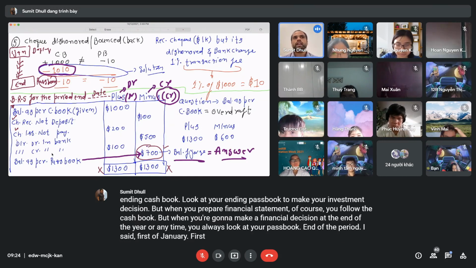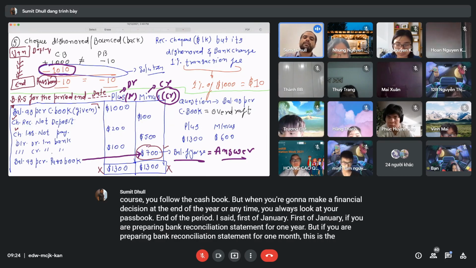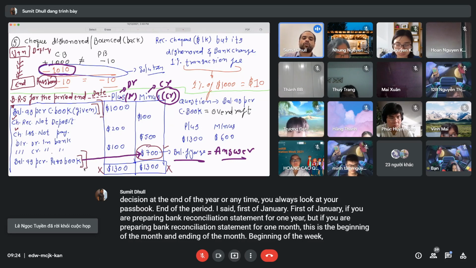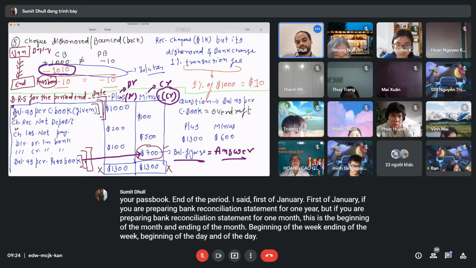I said 1st of January if you are preparing a bank reconciliation statement for 1 year. But if you are preparing it for 1 month, this is the beginning of the month and the ending of the month. Beginning of the week, ending of the week. Beginning of the day, end of the day. Right? That's the meaning of this.